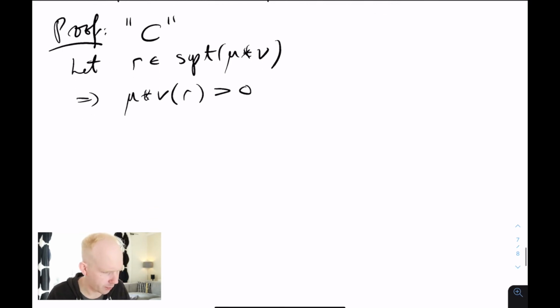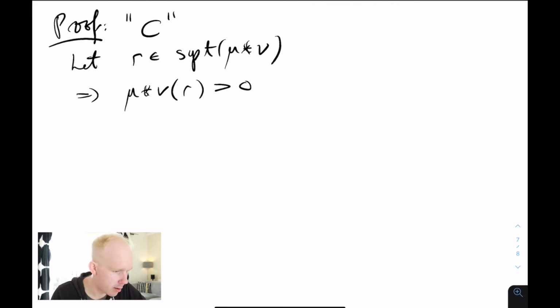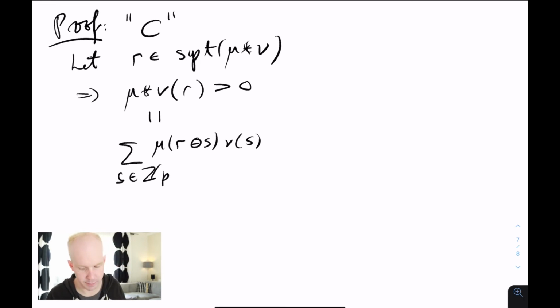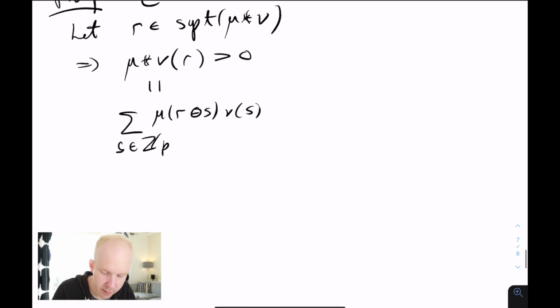By the definition of the convolution, this is equal to the sum over s in Z_P of mu(r minus s) nu(s).